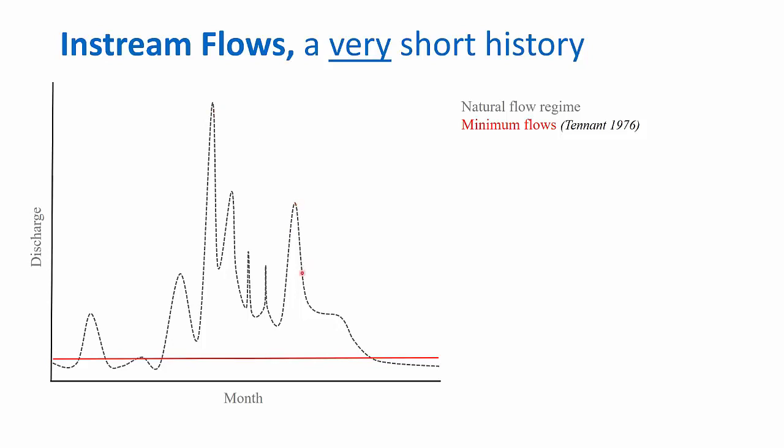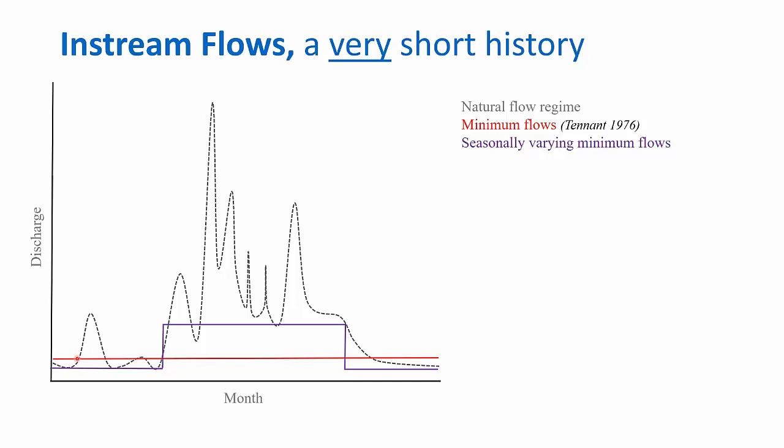It also modified the snowmelt recession, which is a good cue for fish to look for refuge and good places to survive the dry season. All those details were replaced by a flat line that didn't provide the variability that was needed for the native ecosystems.